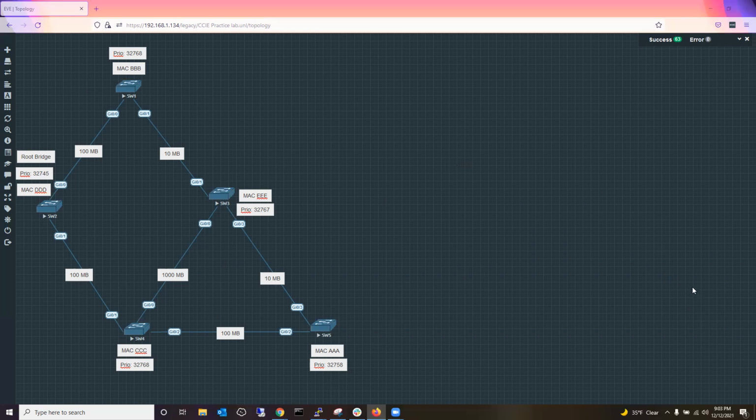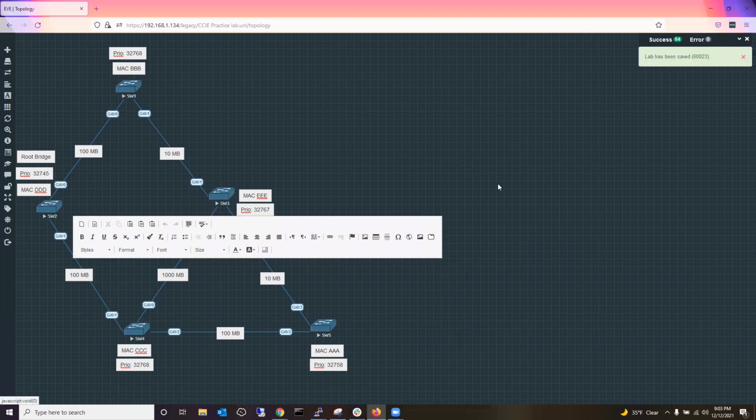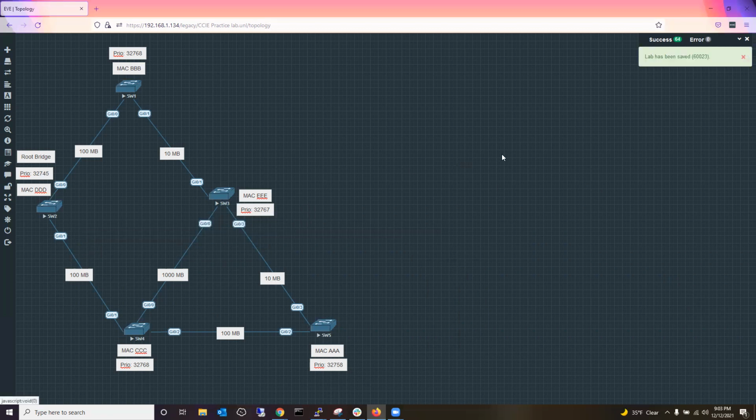Kel, yes, sir. Switch 5, converge that for me. What are the port roles and states? Walk me through it. Tell me your reason why. I'm going to say gigabit 0/2 is going to be in a forwarding state. And why?